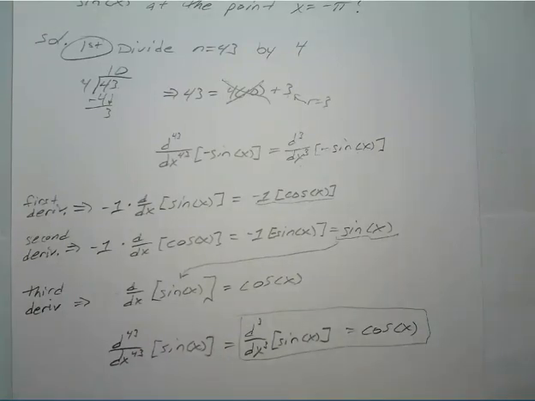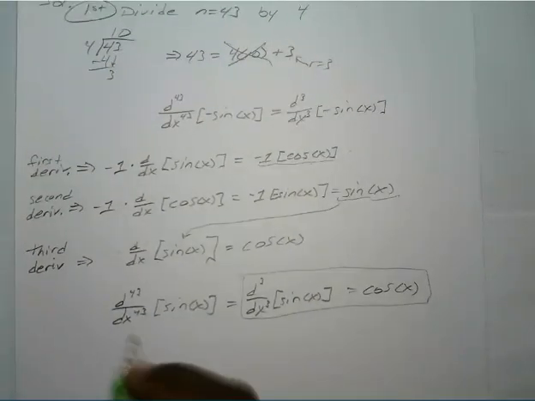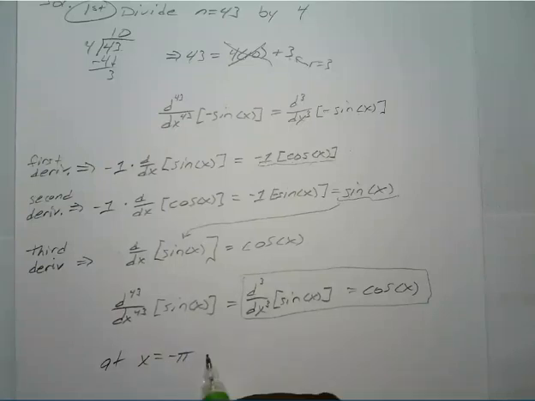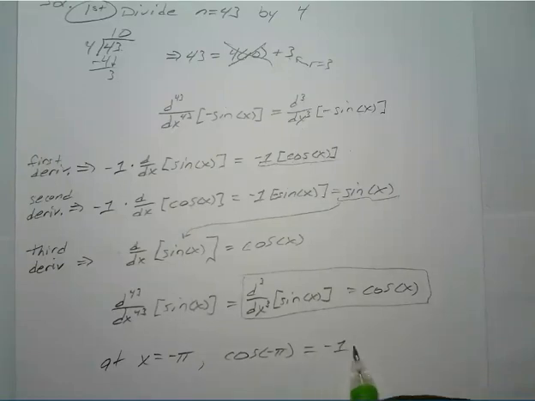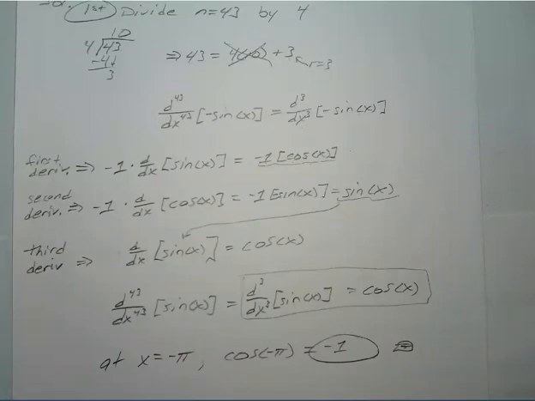I'm just going to write a little square around that one. But we're looking at x equals negative pi. So at x equals negative pi, cosine of negative pi is going to equal negative 1. Alright, so that's the 43rd derivative of negative sine of x at the point x equals negative pi.